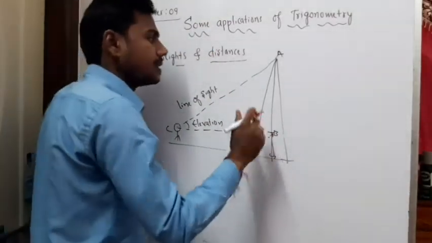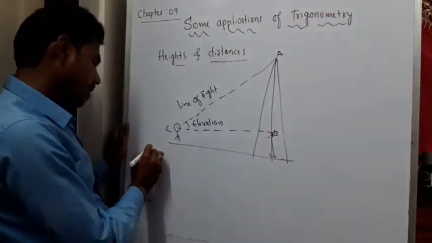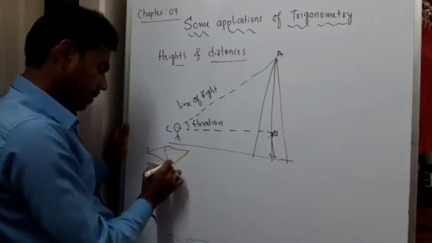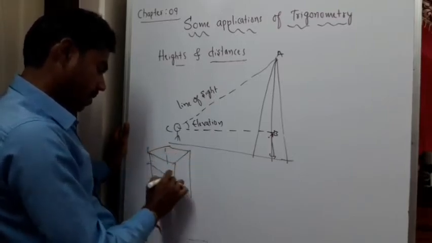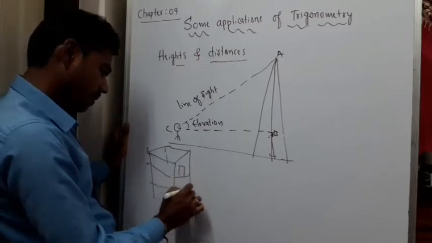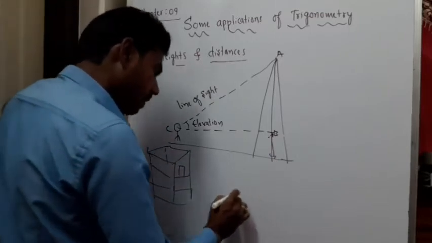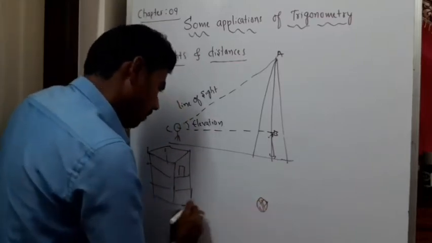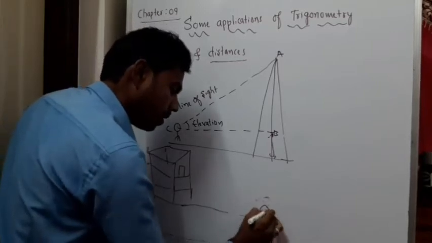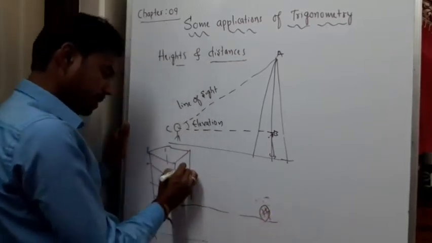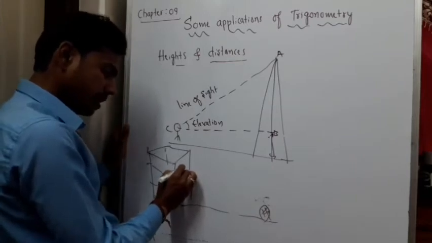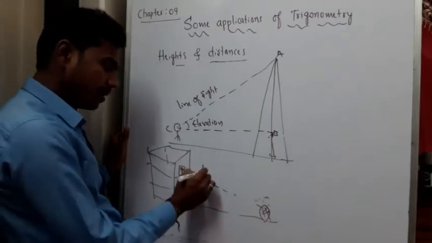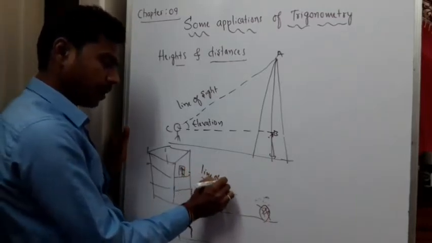One more case. If the person is standing on the balcony of a building, suppose this is a building, and the person is standing on the balcony and is observing an object, a ball, which is on the ground level. Now the person is here, and this person is observing the ball which is on the ground. Now this is the line of sight. What is line of sight?